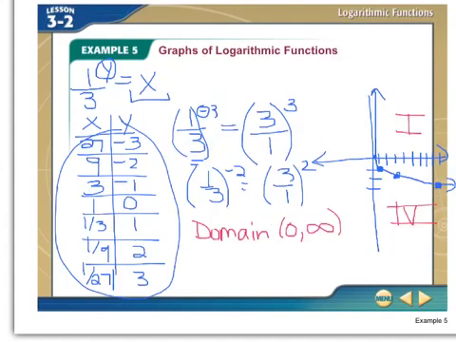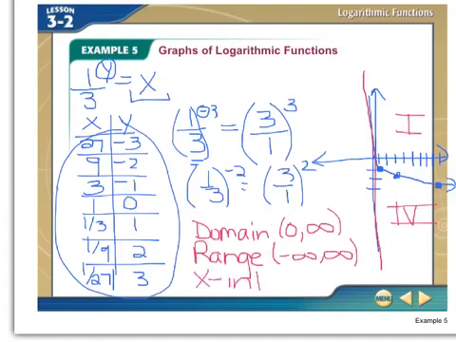We have this vertical asymptote here, and our graph is going to approach that axis but not touch it. Our range here is going to be from negative infinity to infinity. Our intercepts, we have an x-intercept at 1, but no y-intercept.